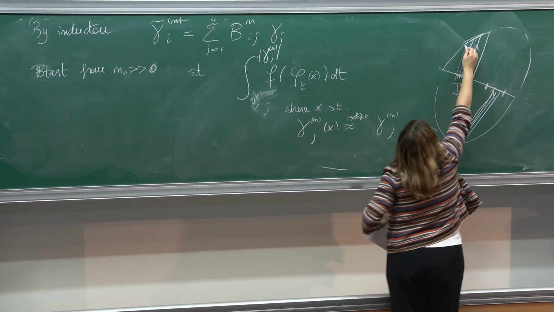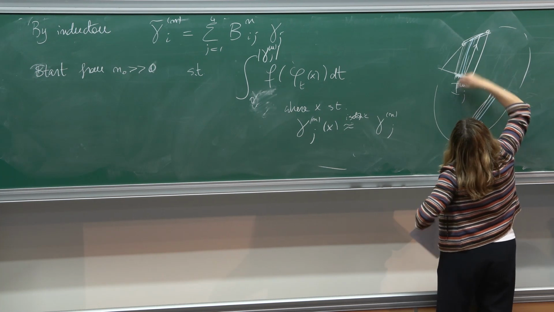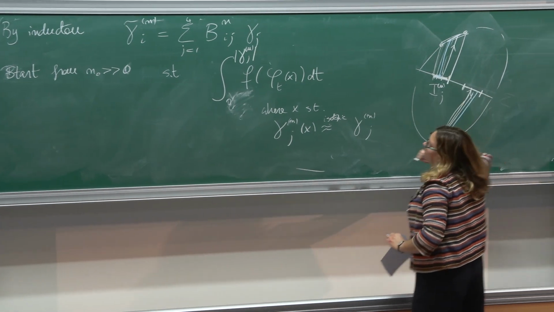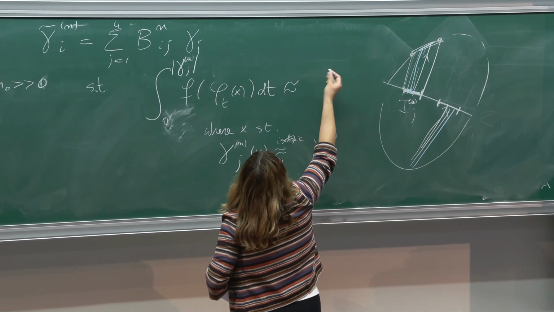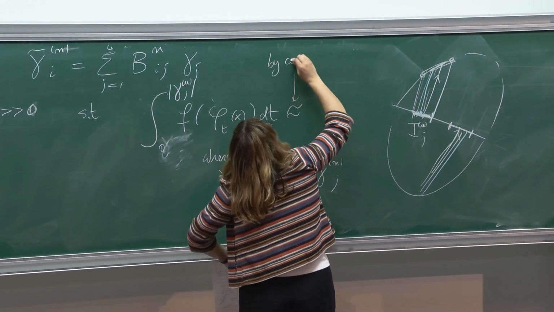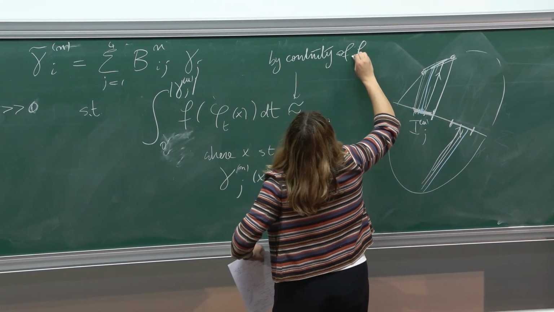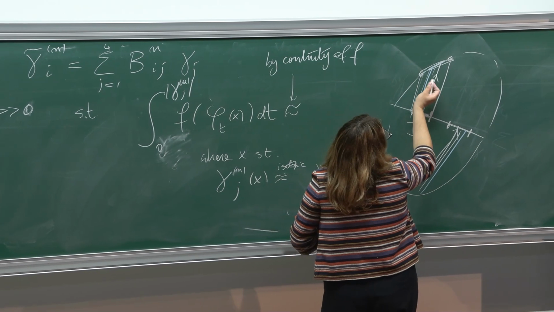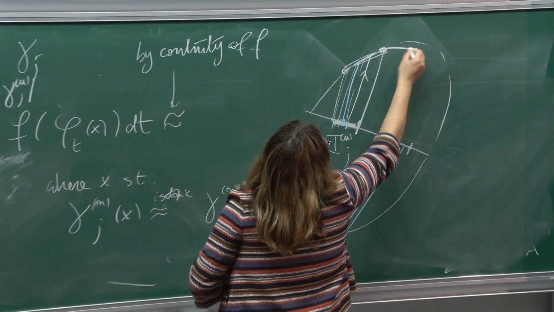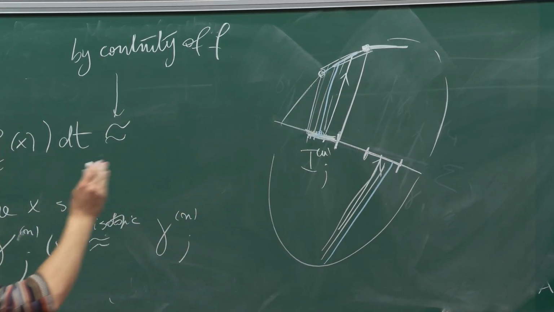All the ones which hit the same side of a stretched octagon are locally constant, almost by continuity of f. I cannot move the point beyond a vertex, because then the function may change abruptly.